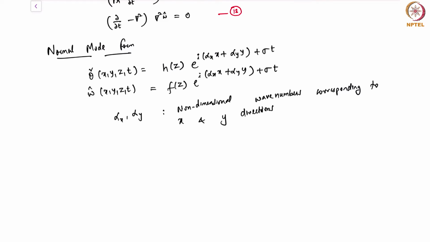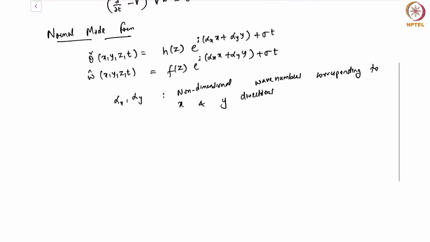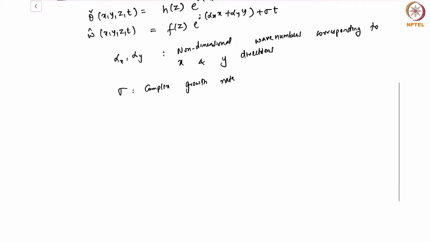I can assume a Fourier decomposition in x and y because these are infinitely far away. There are no boundaries in the x and y direction, and sigma is the complex growth rate, or you can even say complex frequency, such that if the real part of sigma is greater than 0, then we have an unstable flow.